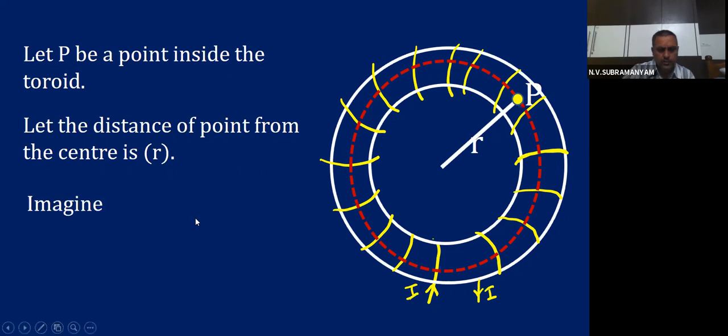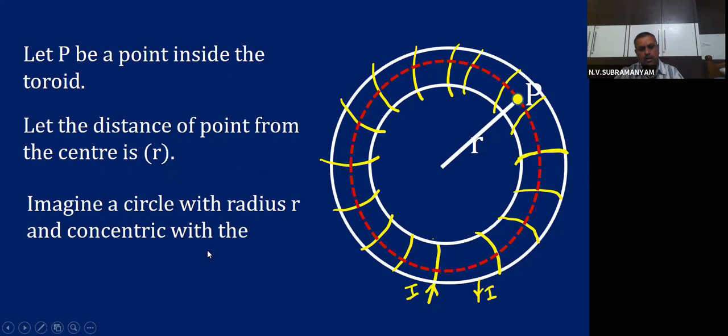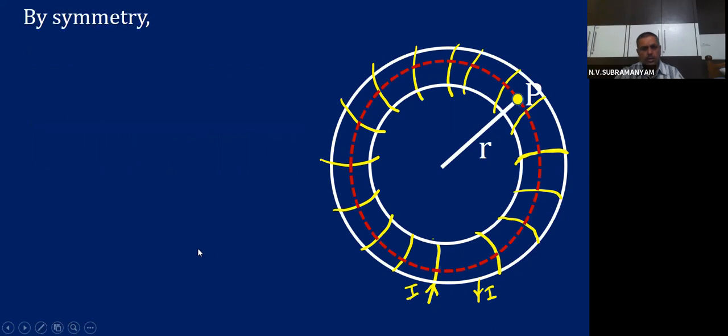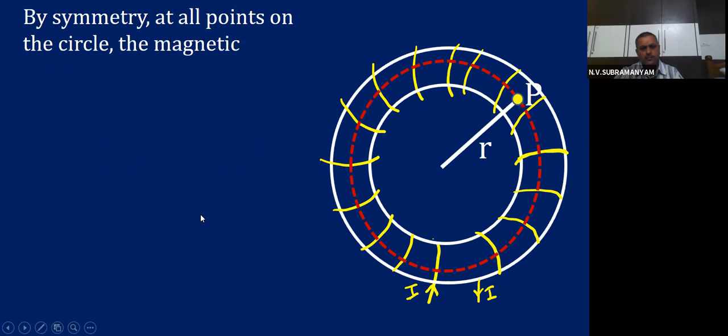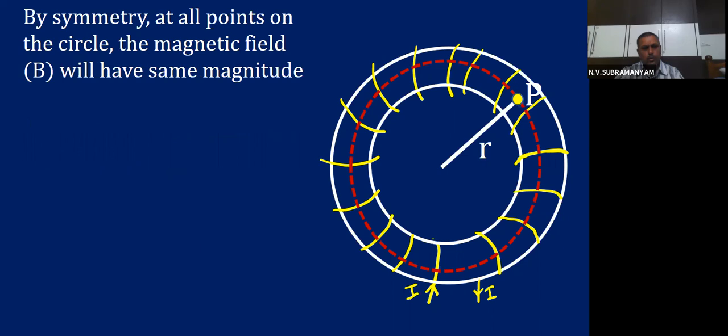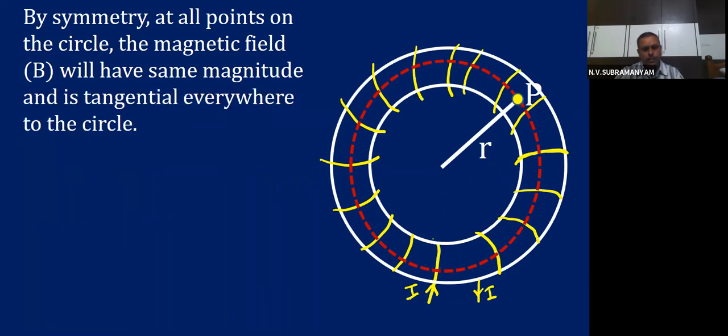Continuation, let us see. Imagine a circle with radius R and concentric with the toroid. That is what we have drawn here. By symmetry, at all points on the circle, the magnetic field B will have the same magnitude and is tangential everywhere to the circle.